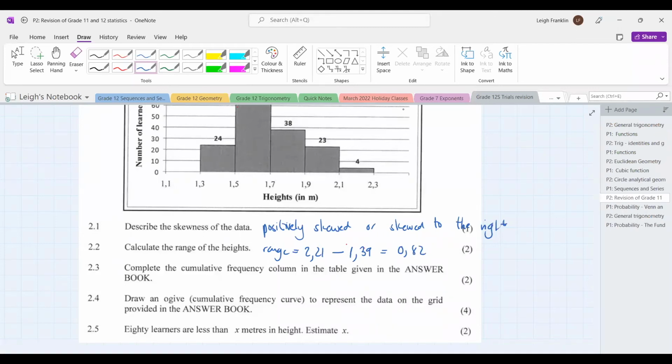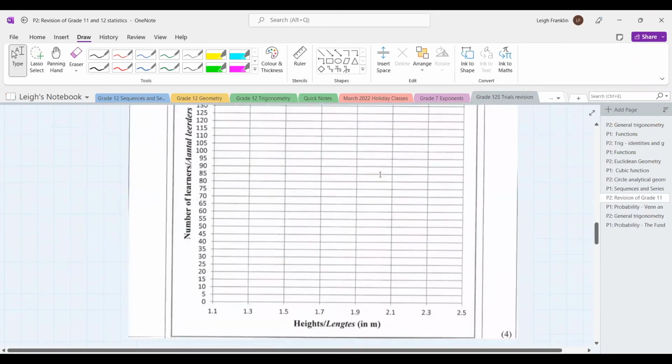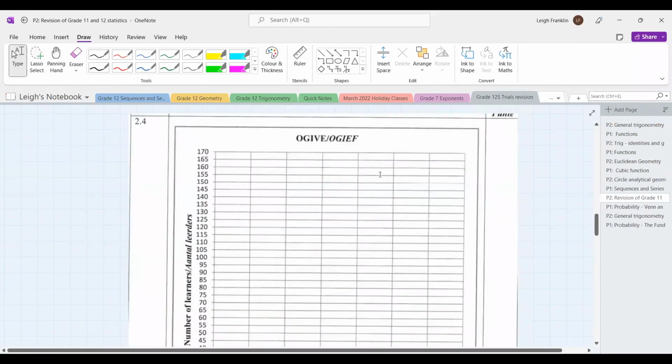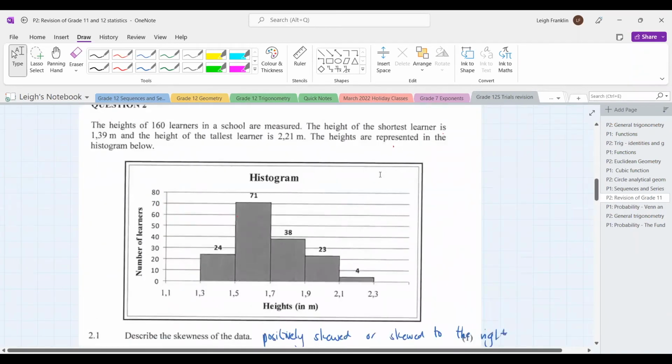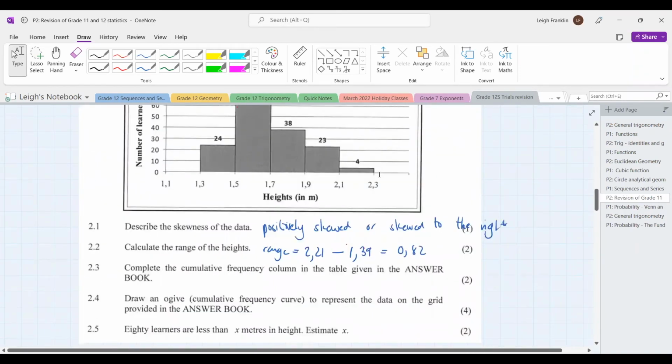Now they want us to complete the cumulative frequency column. Oh, rats, did I not? No, got that. Now we want to draw the ogive. Hang on a second, let's just have a look here.